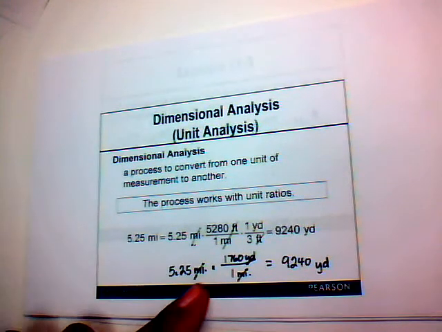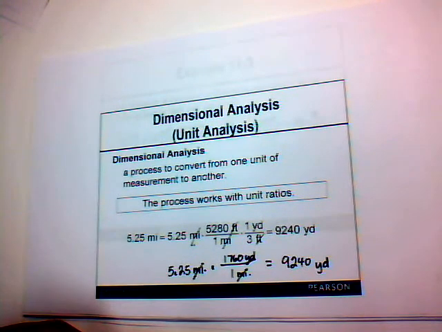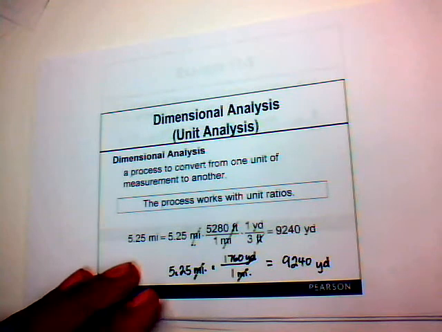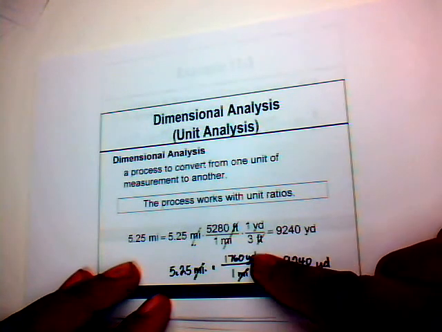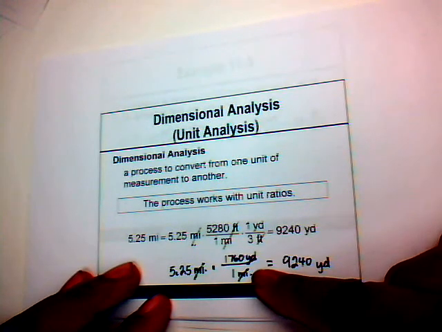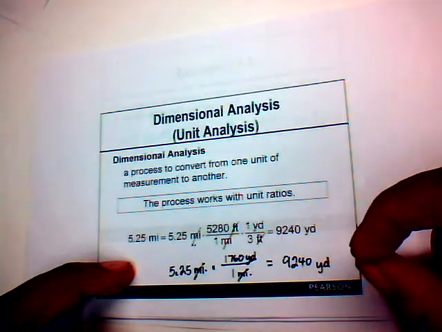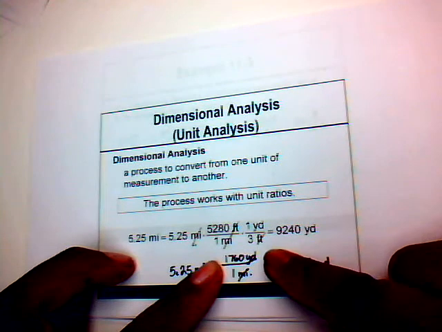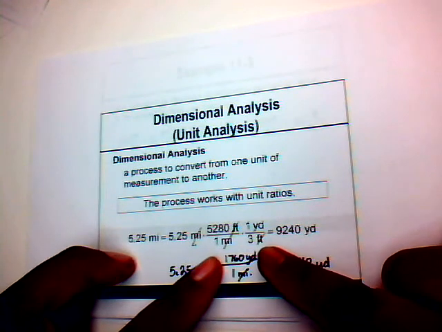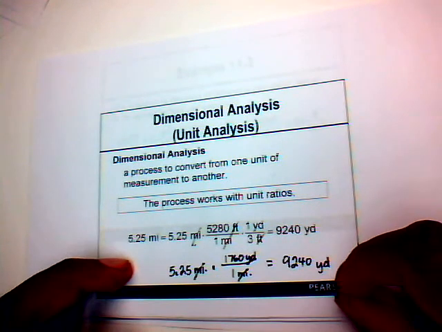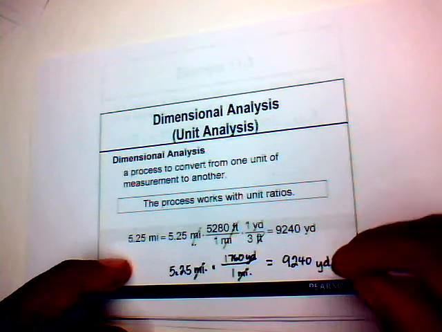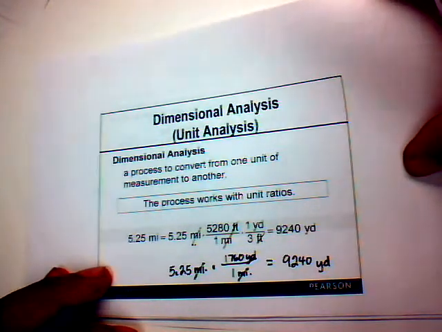Again, the quick way is the fact that 1,760 yards is equal to a mile, so we use 1,760 over 1, because we want to get rid of the miles and convert to yards. So 1,760 goes on top because 1,760 yards is equivalent to 1 mile. Multiply those two, and you'll get 9,240 yards.